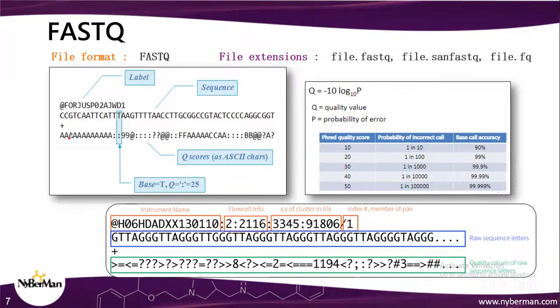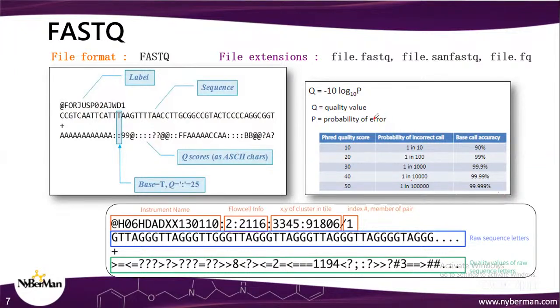And after that, the fourth line will be the Q score of each nucleotide in the sequence. These Q scores are basically ASCII scores calculated with the formula, where Q is the quality value, or quality score, with the formula Q = -10 log10 P, where P is the probability of error.